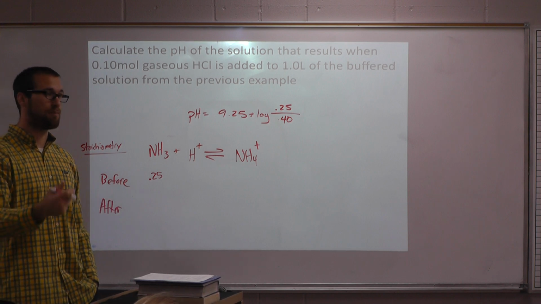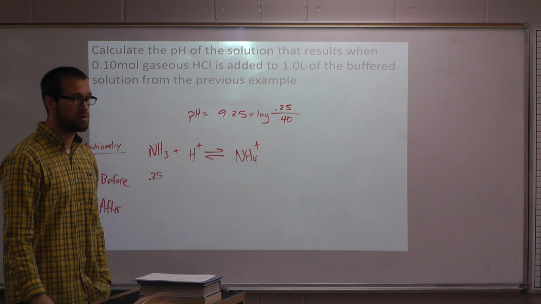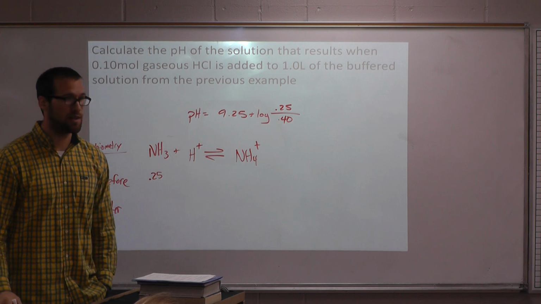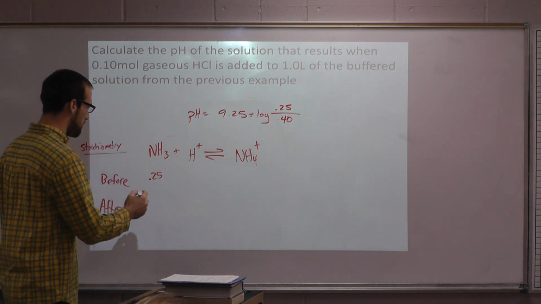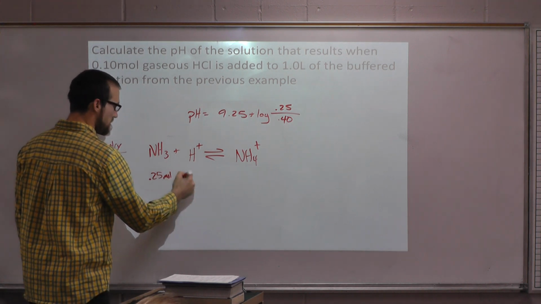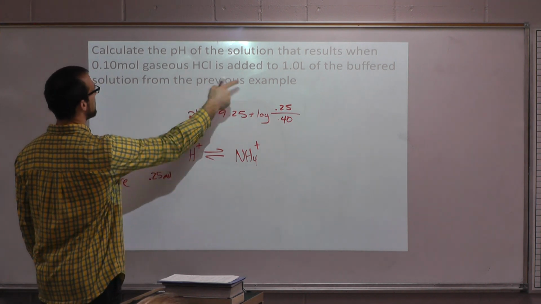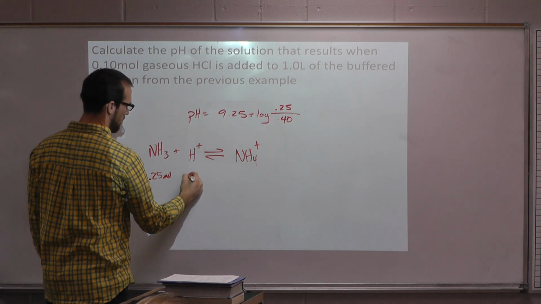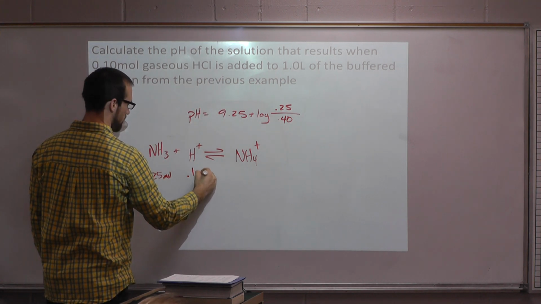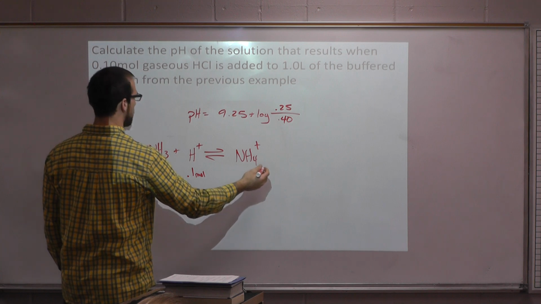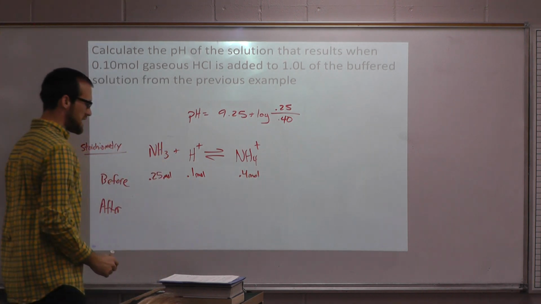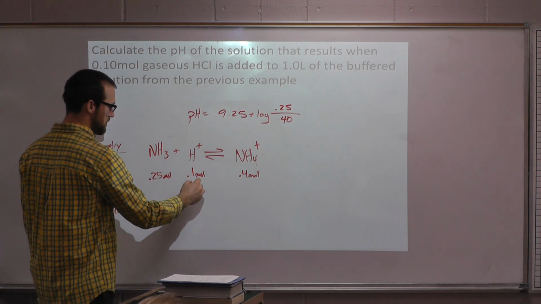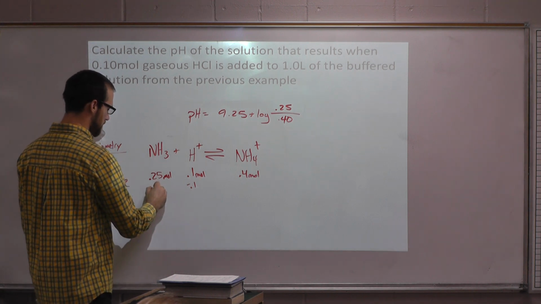For example, if they said a 0.2 molar solution, but you have 3 liters, you would have to figure out how many moles that would be. Okay? How many moles here? 1 liter, okay, 0.1. And here, what did we say, 0.4? If this were to react to completion, this would be my limiting reactant, correct?